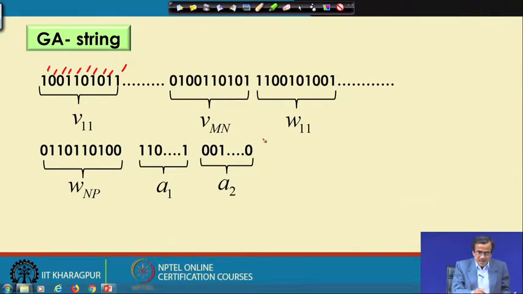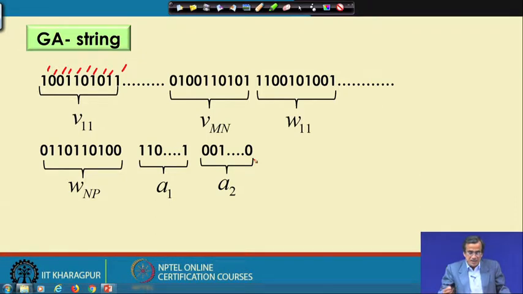Now, if I add them up, this particular GA string will be very long, and as you know, if in the binary coded GA I have got a very lengthy string, it is going to give some sort of problem, and that problem I have already discussed, and that is known as the permutation problem.